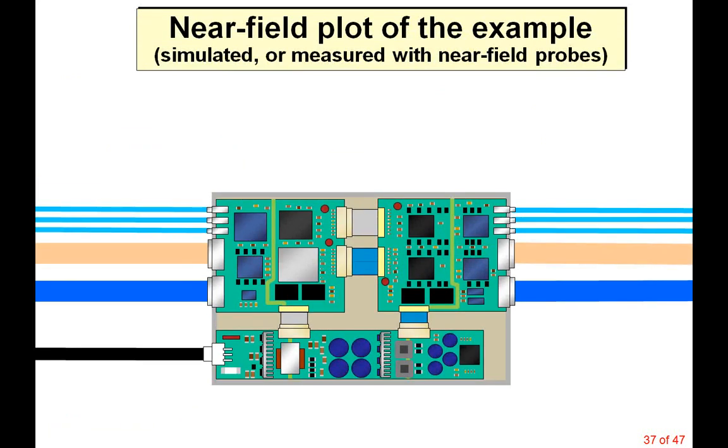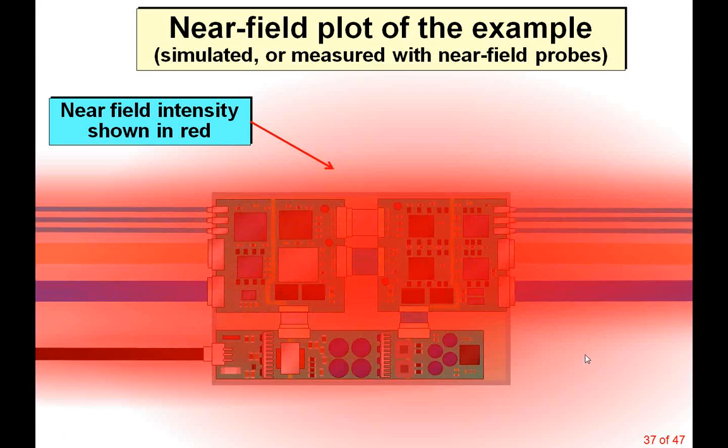We can take a near-field probe, sometimes called a close-field probe, connect it to a spectrum analyzer and wave it around. If we power this circuit up and wave the probe around, and draw the areas of high field strength picked up by the probe in red, we tend to see something like this.